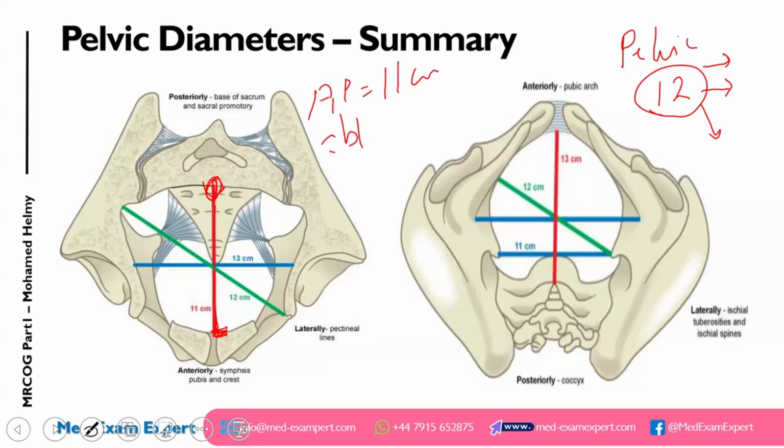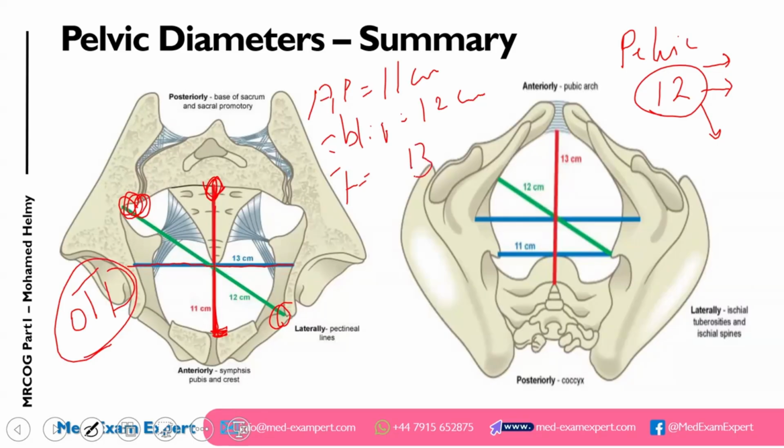We have the oblique extending from the sacroiliac joint on one side to the pectineal line or the iliopubic eminence on the other side, and we said it's 12. And we have the transverse, okay, which is a line bisecting the anatomical anteroposterior diameter, and this is called obstetric transverse diameter, and we said this transverse equal 13.